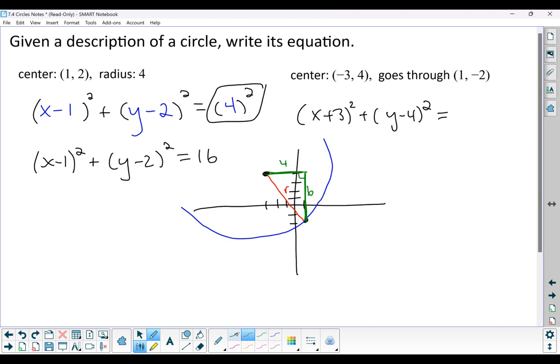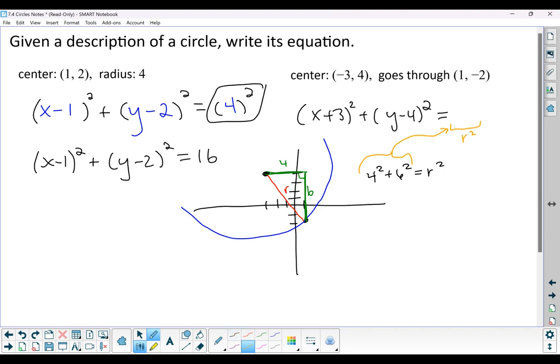So we can think about Pythagorean theorem for that little triangle. It would be 4 squared plus 6 squared is equal to r squared. But something to realize is that the thing that we want right here is r squared. So if I can just add these two things together, that gives me r squared.